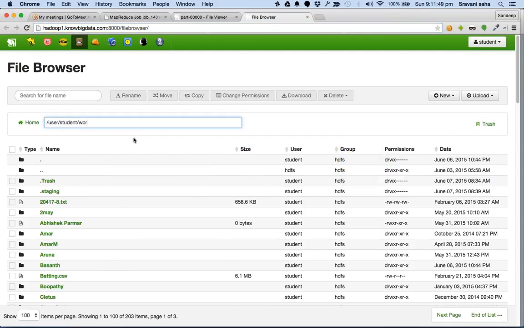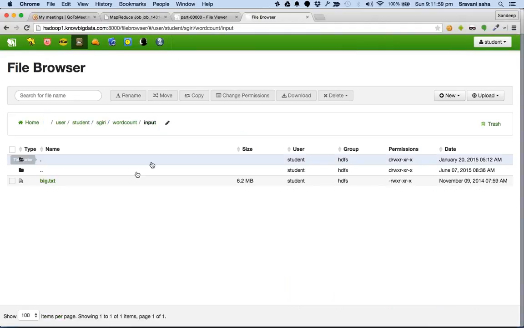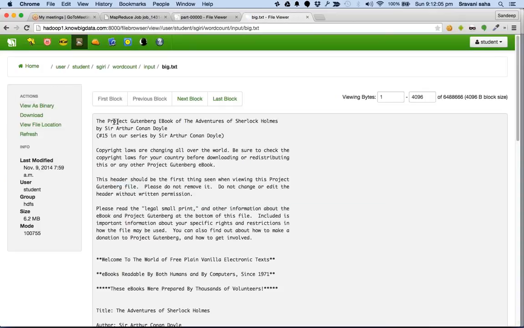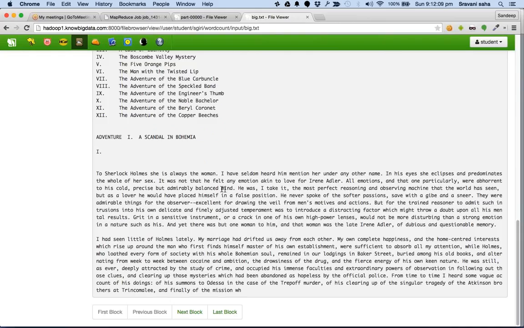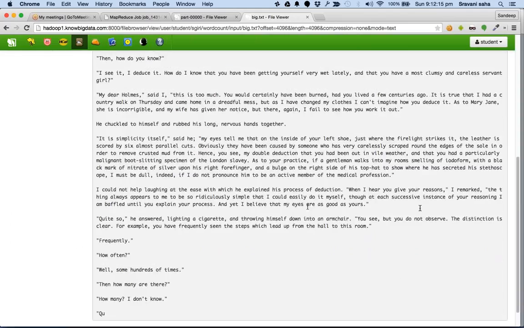In word count slash input, you will see multiple files. You can see there is one file right now, but you can put multiple files here. It's nothing but all the Sherlock Holmes books I've taken and concatenated together and put in here. That is our input right now.